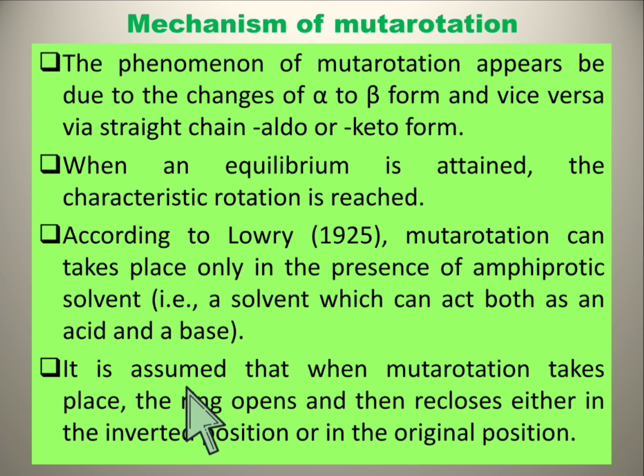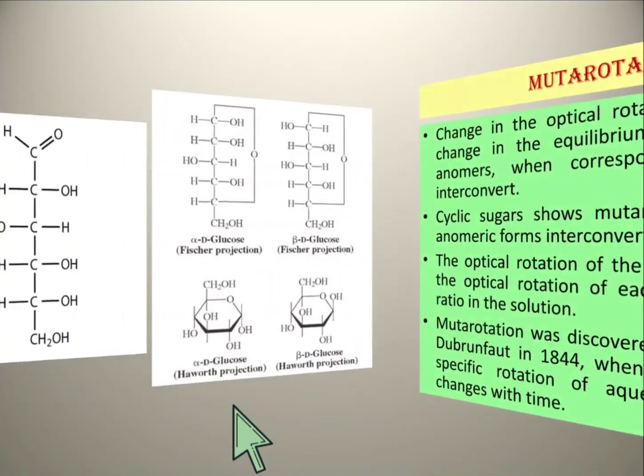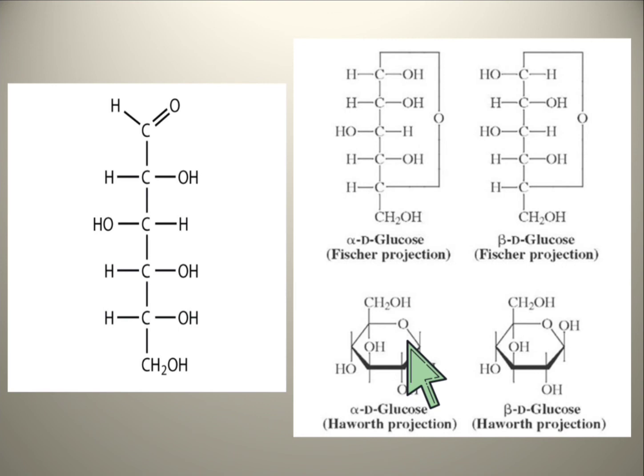And it is assumed that when mutarotation takes place, what happens actually? What happens actually when mutarotation occurs? The ring opens and recloses, either in the inverted position or in the original position. So suppose when an alpha form is present in a solution, how does mutarotation take place?